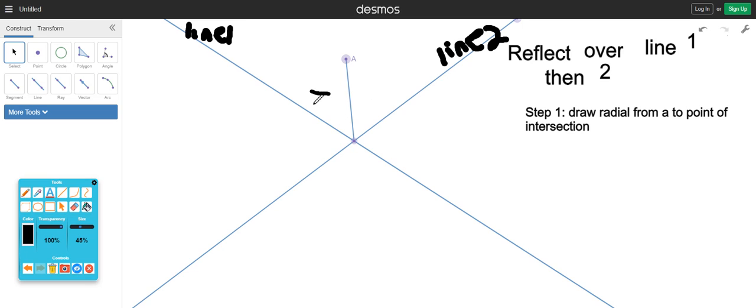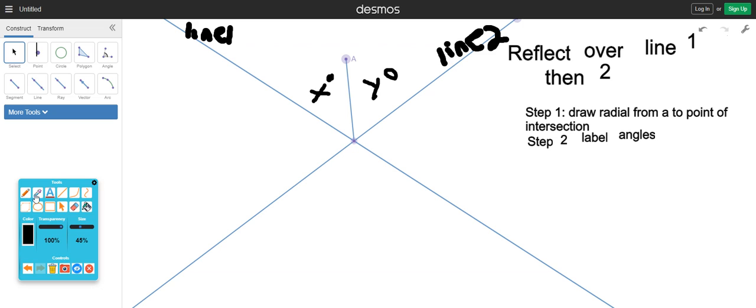I'm going to call this X degrees, Y degrees. Okay, so that's what we're going to say next that we're doing. Step 2. Label angles. Just leave it as that.